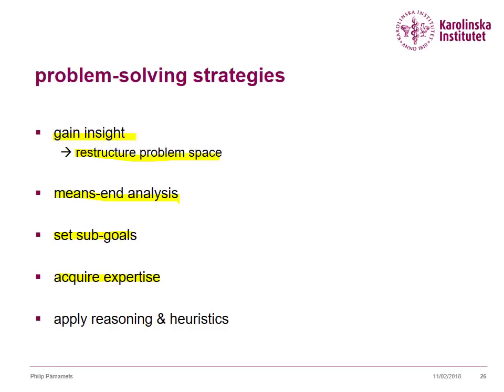And finally, another way of solving problems, something that's been implicit in some of the accounts we've been looking at so far, is to apply reasoning and heuristics, i.e. to think and reason actively about the problem, or apply heuristics, and we'll talk about what that means.